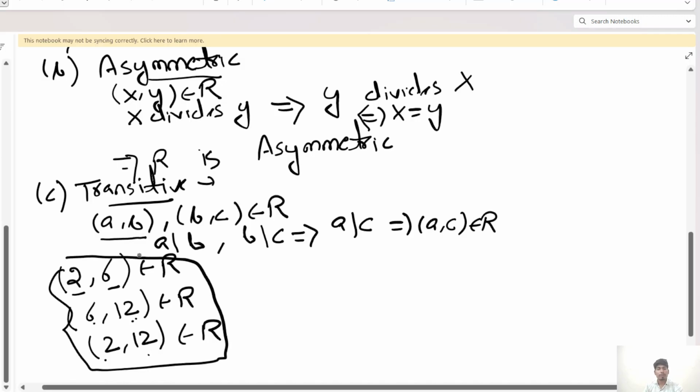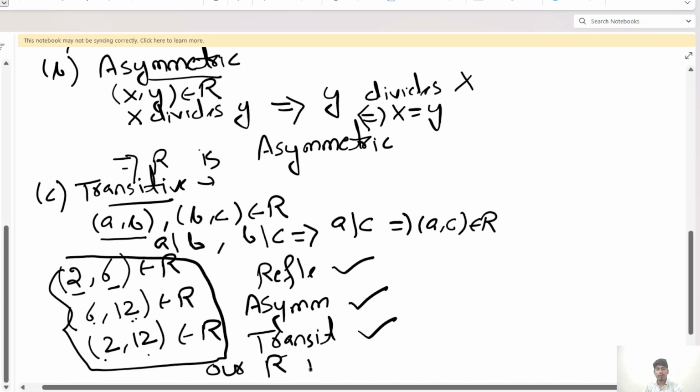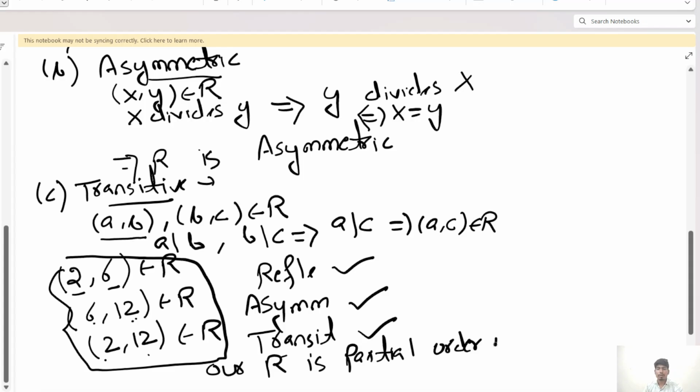So our relation is reflexive, antisymmetric, and transitive. It implies our R is a partial order relation.